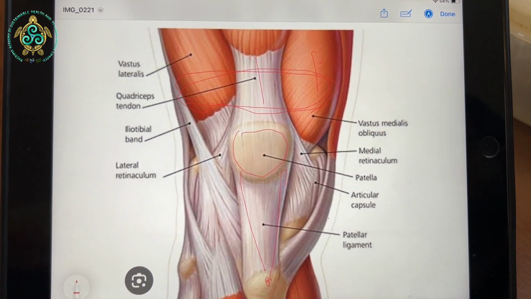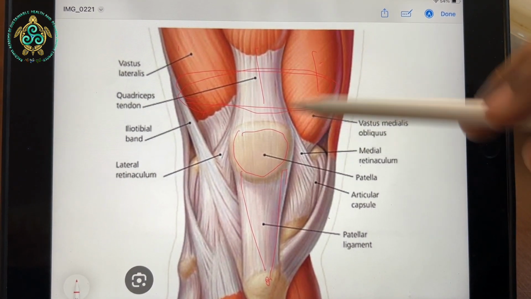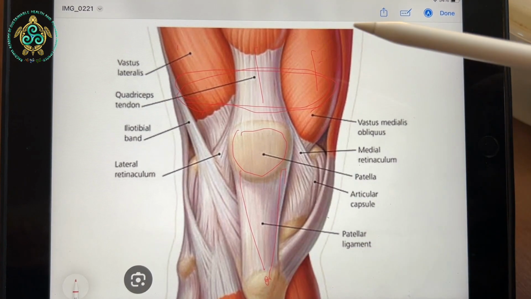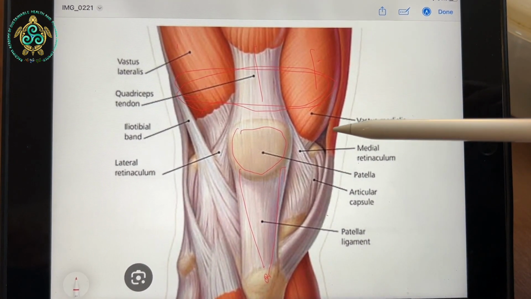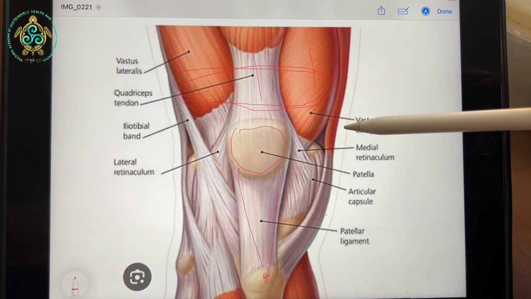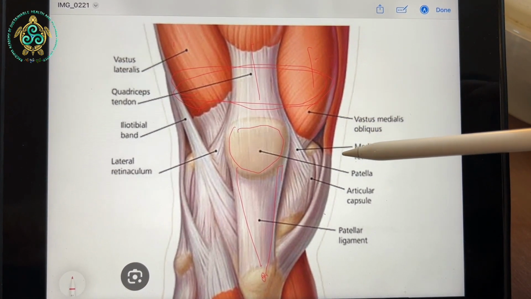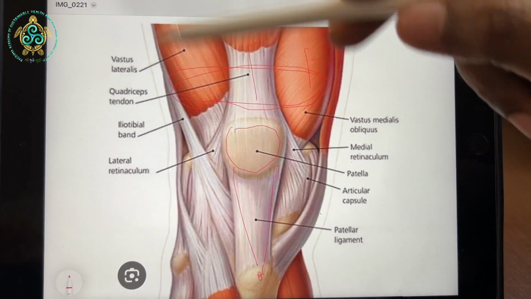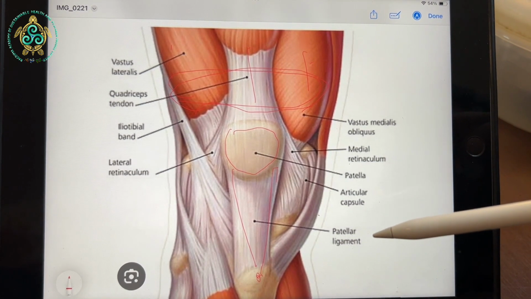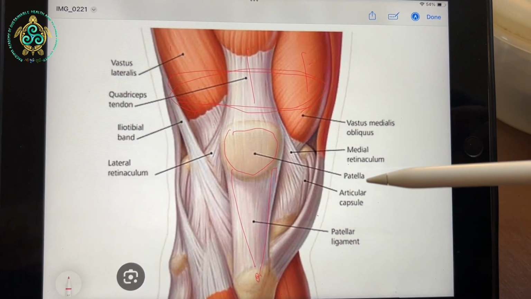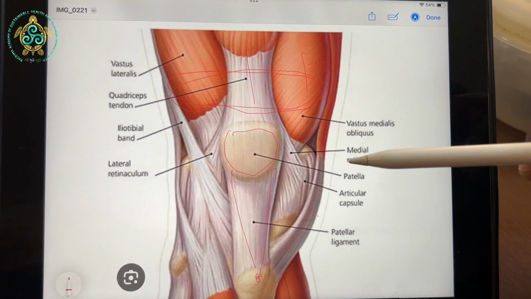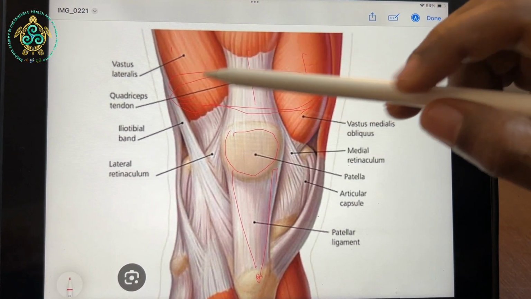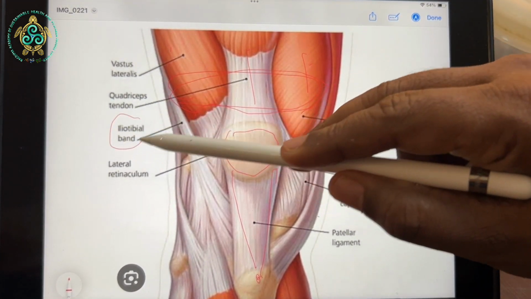This will give you clarity on the major tendons in the anterior part. Now, medially and laterally, we have other tendons that run. We have the sartorius that crosses over, but those tendons don't play a major role in maintaining knee stability. Another point you need to remember is that laterally we have the iliotibial band. This is an important part.